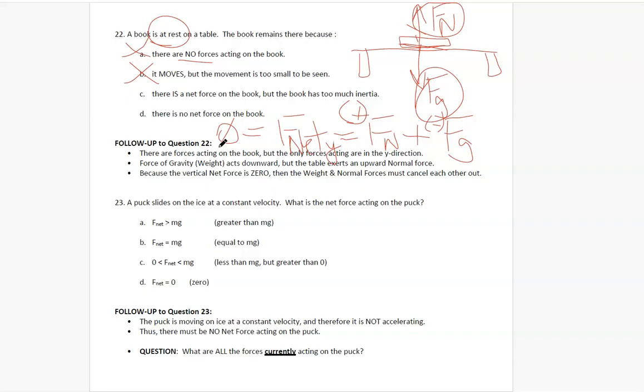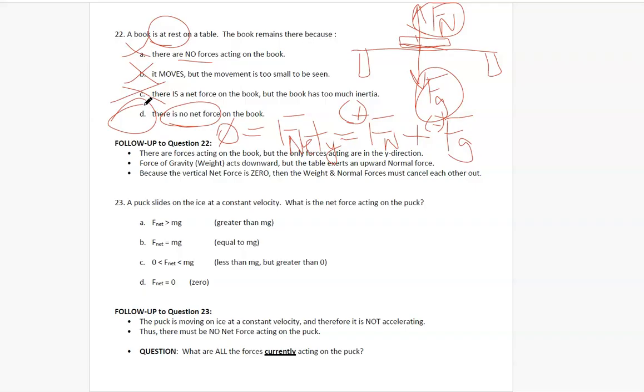Well, too much inertia is pretty similar to saying too much mass. Well, it's not because the book has too much mass. If the book was a small book, it would still remain at rest if there was no external force on it. So it's not that it's too small a book. You could have a tiny flake there, or a penny, or a speck of dust. It's going to sit there unless there's a force on it. So we know that the sum of the forces equals 0, and therefore there's no net force on the book. So D is our correct answer.